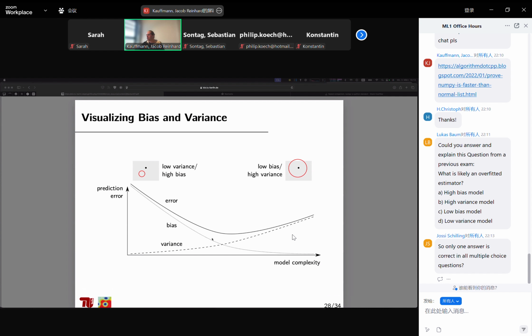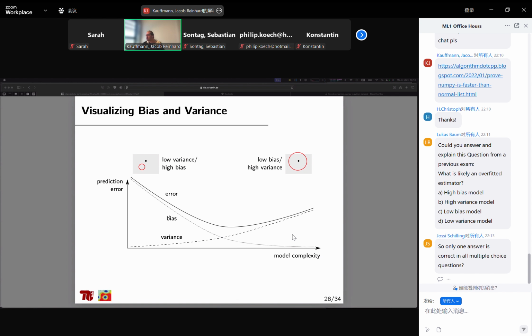So overfitting is what you get when you have a low training error, which is this dotted line.